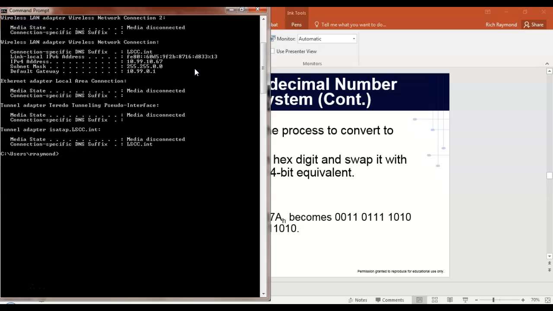So we had classes A, B, and C. Class A was 255.0.0.0. A class B was 255.255.0.0. And then a class C was 255.255.255.0. But they realized that wasted a lot of IP addresses. So now we have what we call classless IPs, which means you can split them anywhere you want to.